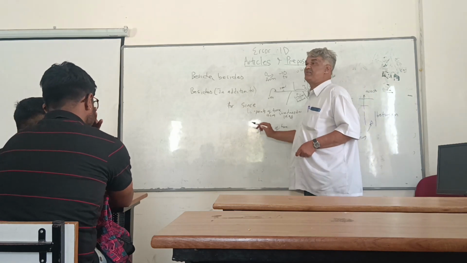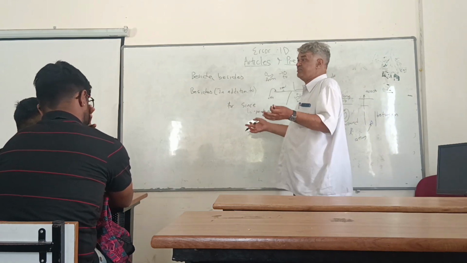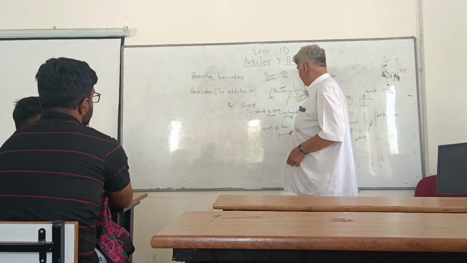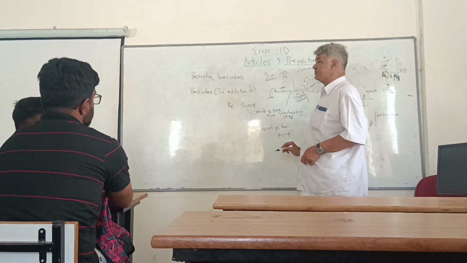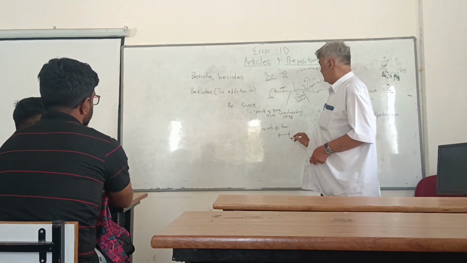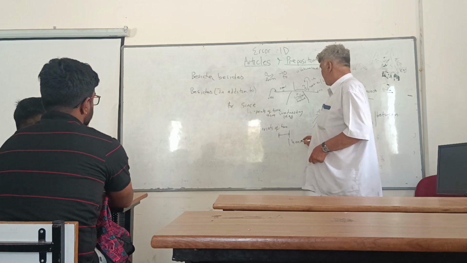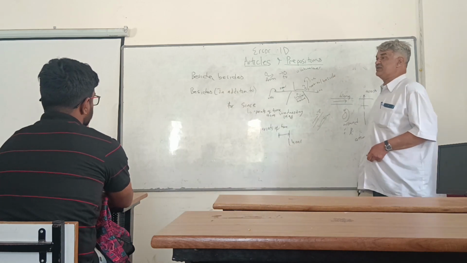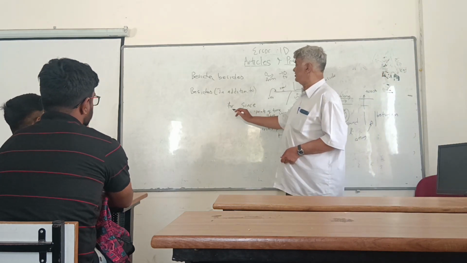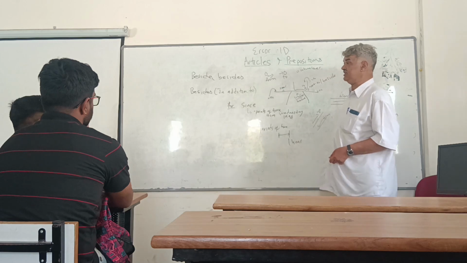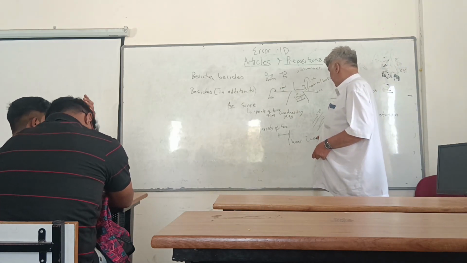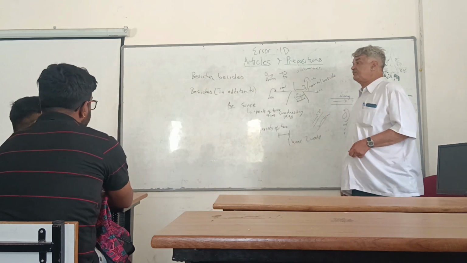But what about periods of time? You have an English period, French period, and so on. What are examples of periods of time? For example, 1 hour. I've been waiting for 1 hour. With periods of time, we use for. Then let's say 2 weeks.